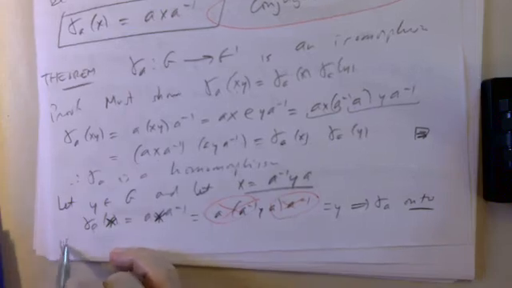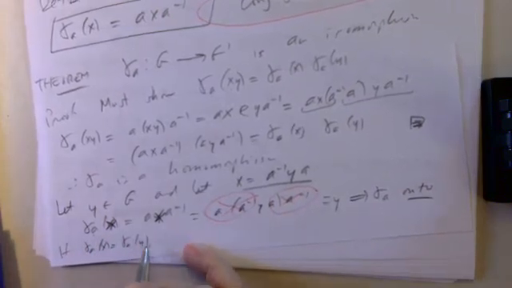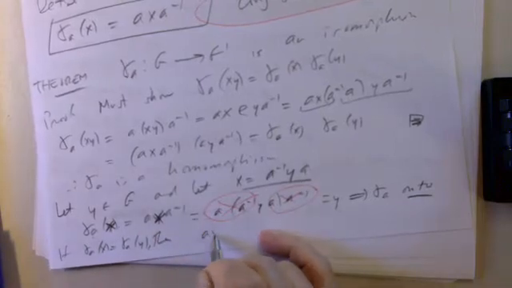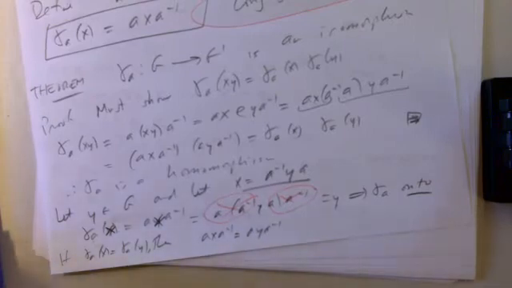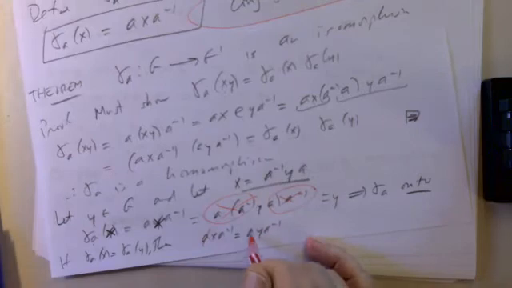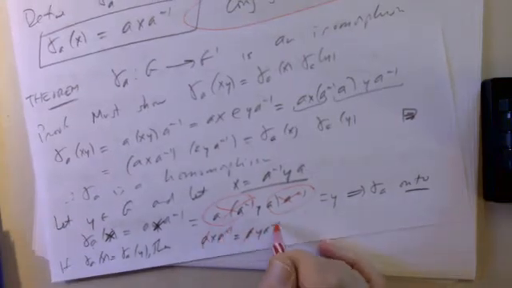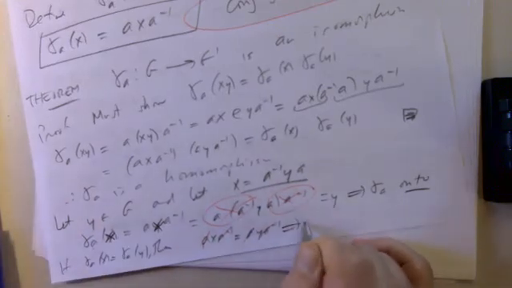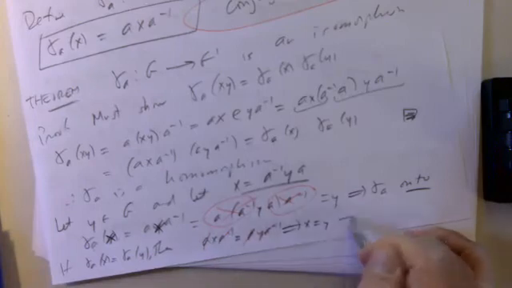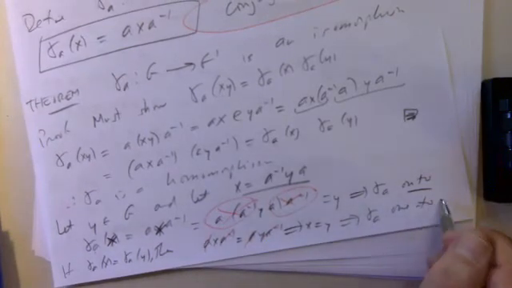And if gamma a of x equals gamma a of y, then a x a inverse equals a y a inverse. If I multiply on the left by a inverse, I can cancel the a's. If I multiply on the right by a, I can cancel the a inverses. So x equals y, which means gamma sub a is 1 to 1.